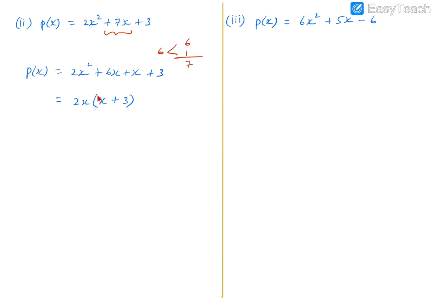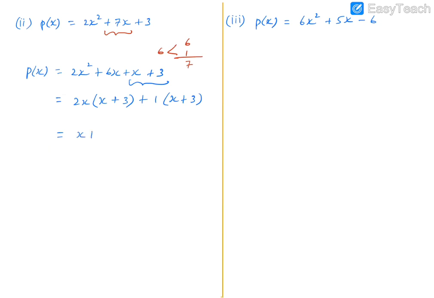Now we take this x plus 3 again and find what we multiply it by to get the second half of the expression. Clearly we multiply by plus 1: plus 1 into x is plus x, and plus 1 into 3 is plus 3.